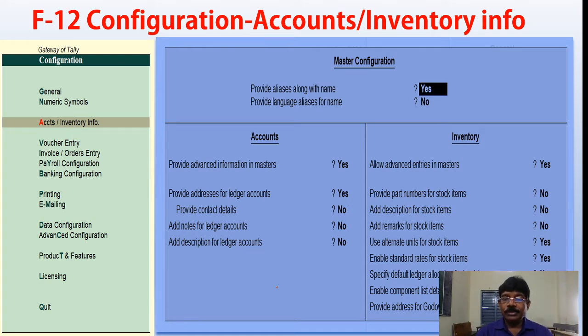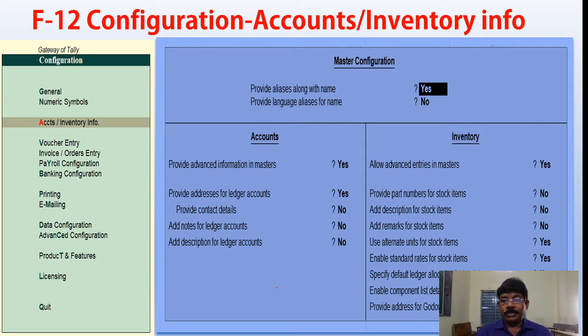We can see the effect of enabling yes: whenever we are entering sundry debtors, sundry creditors, bank, it asks us for address details and contact information. Add notes for ledger accounts, to write anything about a particular debtor or creditor, will enable us to write notes. Add description for ledger accounts we can also get. Then coming to the inventory, advanced entries in masters.